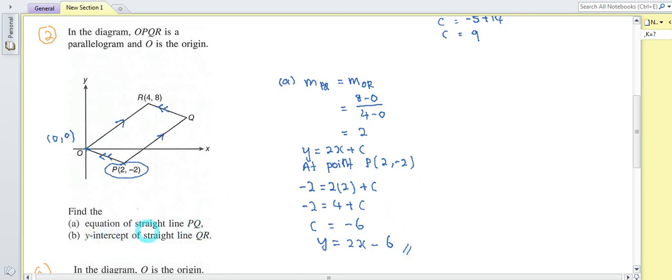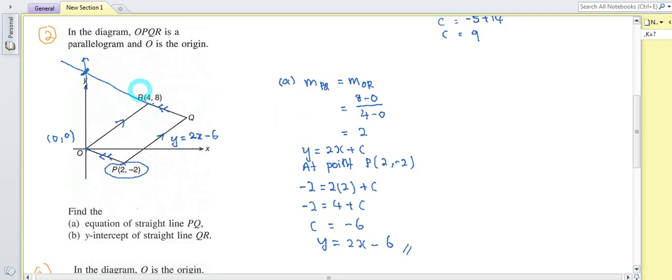So now, you can also write the answer that you get on the diagram. So maybe later we want to use it. Minus 6. Okay, so now the y-intercept of the straight line QR. Y-intercept means that you extend this line and they will cut the y-axis over here.